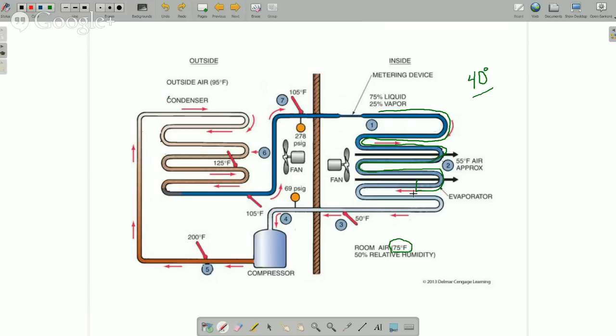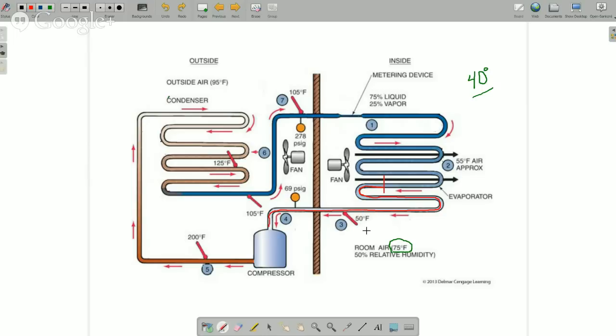So we are 100% vapor at this point right here, and we have now gone out of the cooling mode and the refrigeration mode, and now we're getting into the superheat mode. So now we're 100% vapor at this point, but it is still at 40 degrees. And then as it travels through this part of the coil, it will continue to pick up heat, which is our sensible heat, as it travels through the suction line out to the compressor one more time.